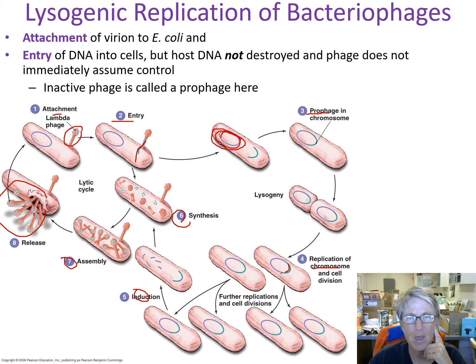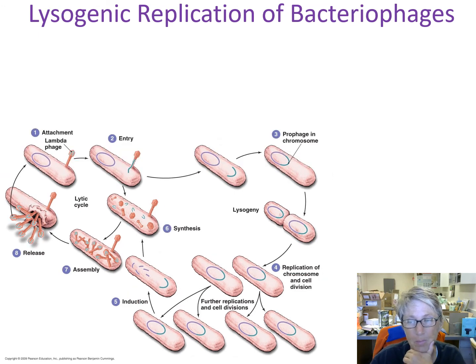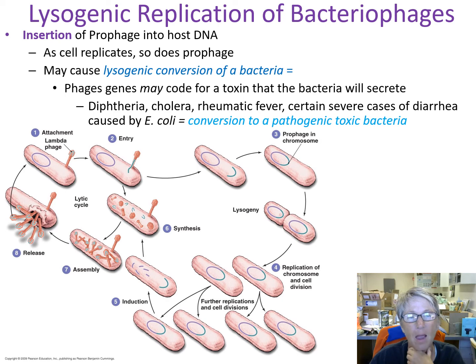So the phage or the virus doesn't immediately assume control, and it's called a prophage because it's inserted into the chromosome. It just lets the bacteria do a bunch of work by dividing and making more phage DNA. And then that's what I just said, the prophage inserts into the bacterial DNA.